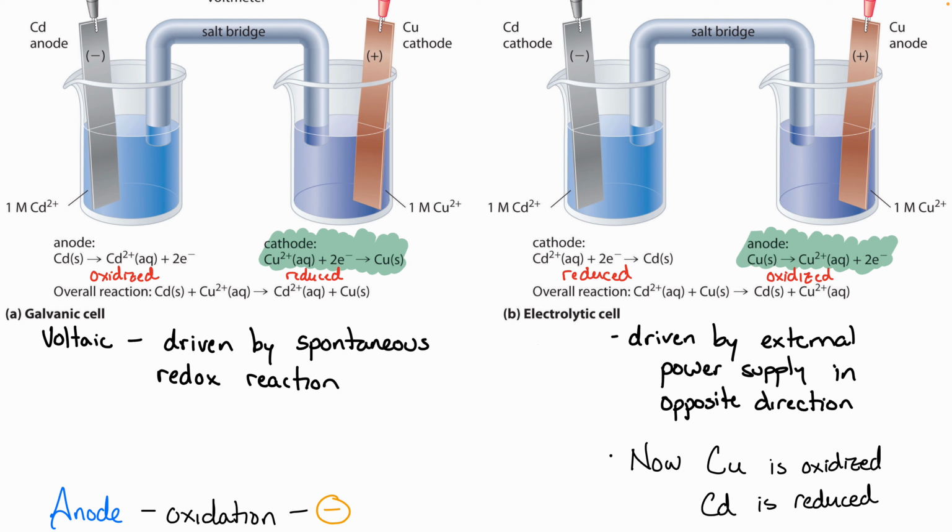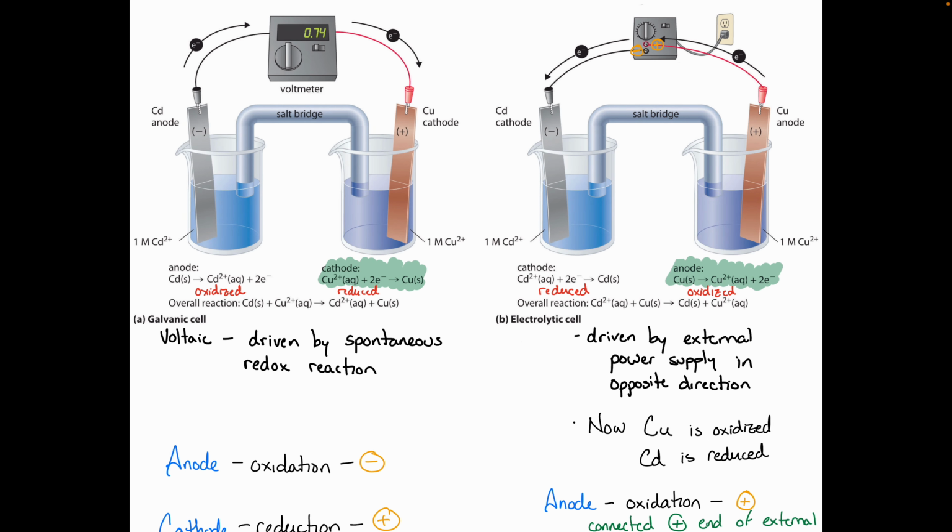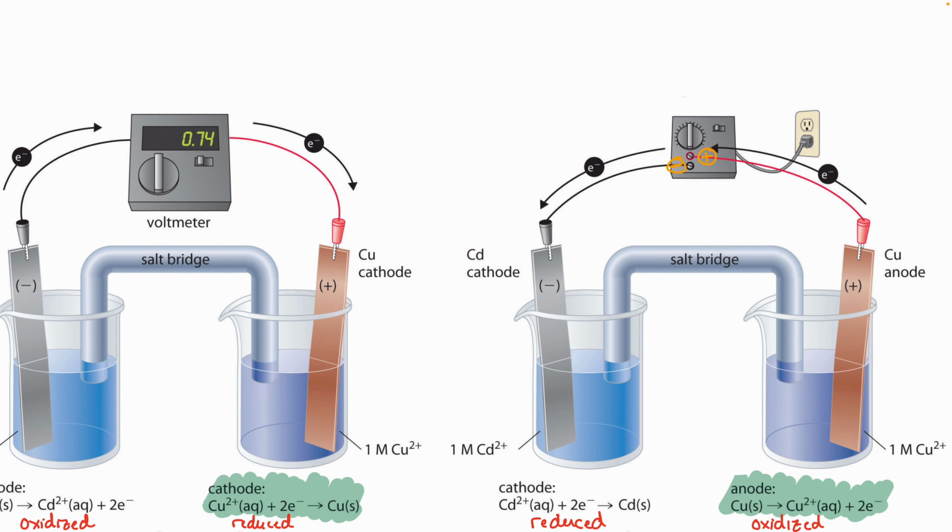But it's still positive for both. The copper is still the positive end of the battery? Yes. Okay, so that doesn't change. Importantly, in our voltaic cell that's where the electrons were being attracted to, whereas in our galvanic cell they're being driven by this external power supply, which is where the electrons are being attracted to.